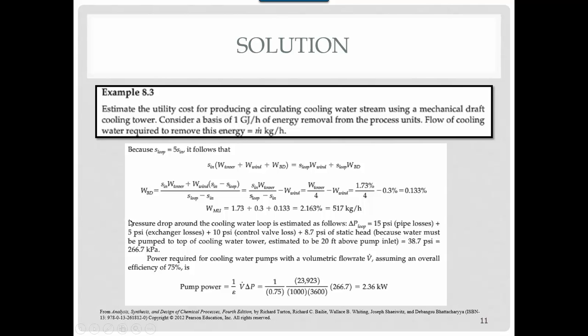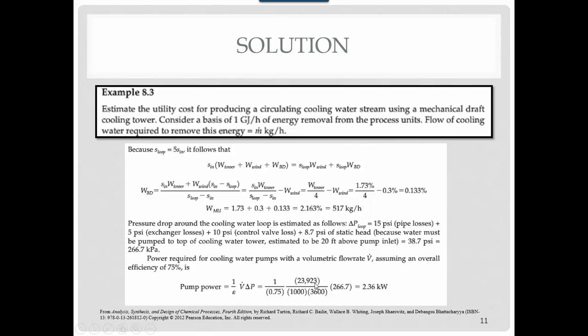Now the next important calculation is pressure drop. You're going to have some pipe losses, some losses as it flows through the exchanger, control valves related to this, and also static head because this does have some elevation change. If you do this and then compute your pumping power, you've got your delta P from up here, and then you need a volumetric flow rate.